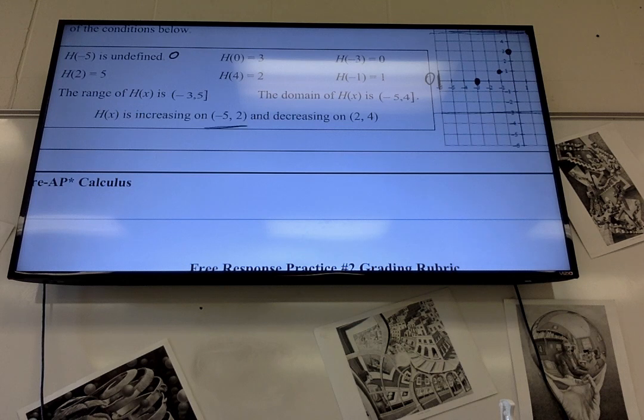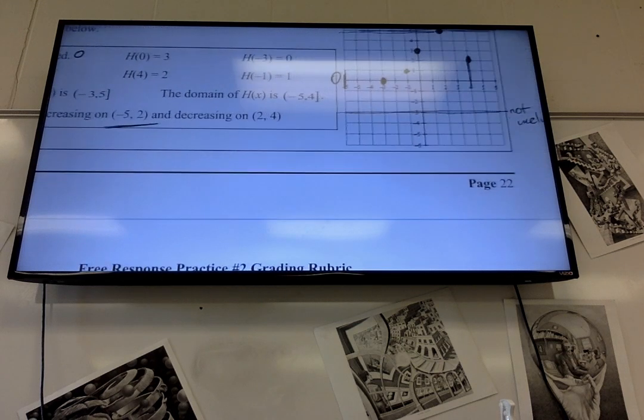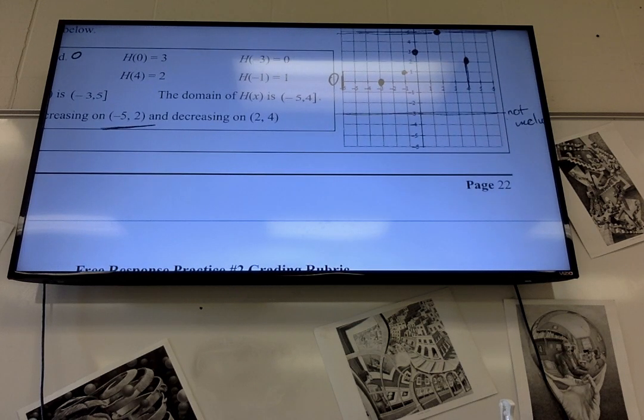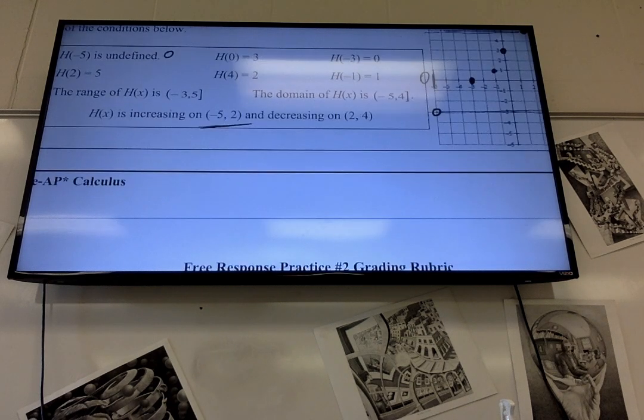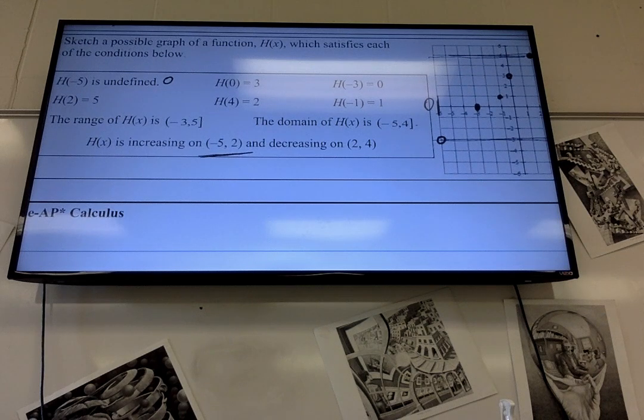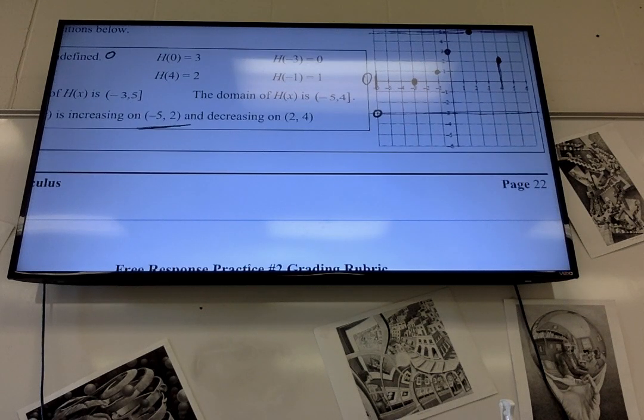It's increasing from negative 5 to 2. So down here, there must be some kind of open circle at h of negative 5. It's undefined, can't be included. And it increases until I get to 2. Should be like that. All of those are increasing. Sorry?